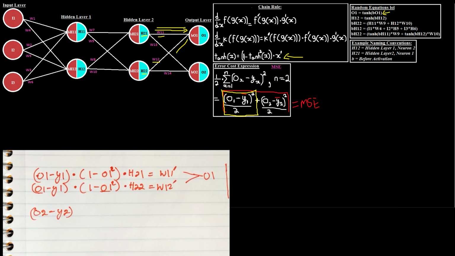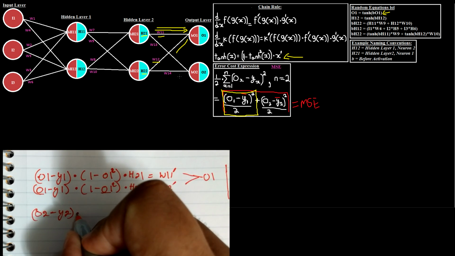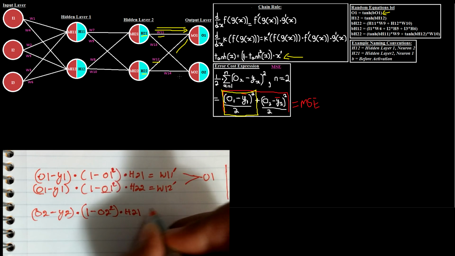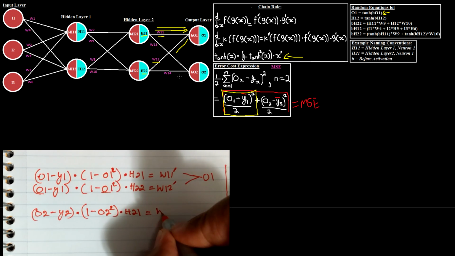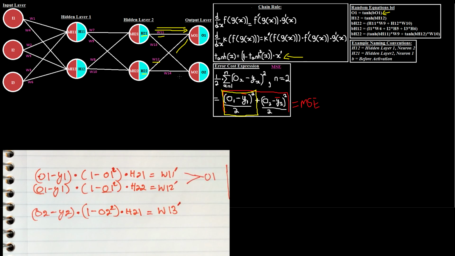Because weight 13, as you can see here, is not even attached to output 1, so it wouldn't affect it. So the derivative for mean squared error of output 1 would go to 0, multiplied by 1 minus O2 squared multiplied by H21 is equal to the delta for weight 13.